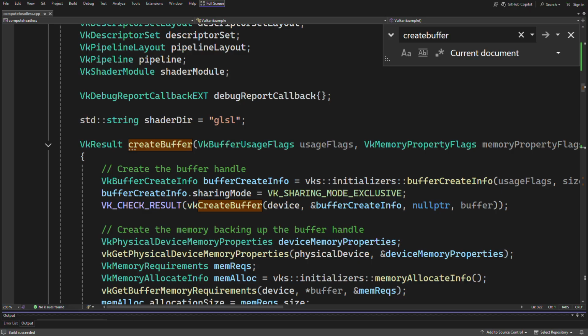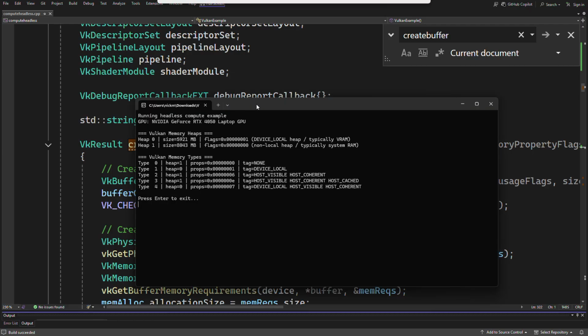Okay, so what I want to focus on is simply the property types available on our system, right? So we need to have a conversation on the memory types and the memory heaps that are on our system.